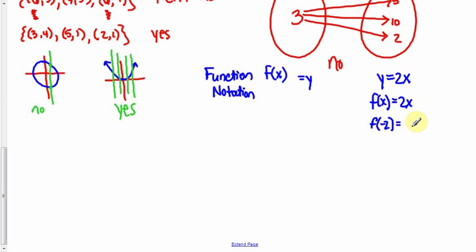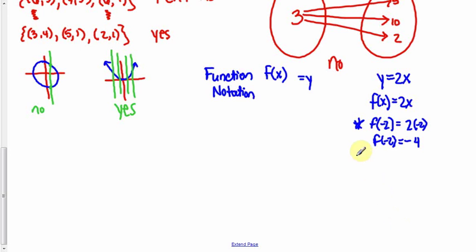So you're going to put negative 2 in for x, just like they did. So 2 times negative 2 is what? Negative 4. This was a problem they gave me. That's the first example, building from this function that they gave me at the top.